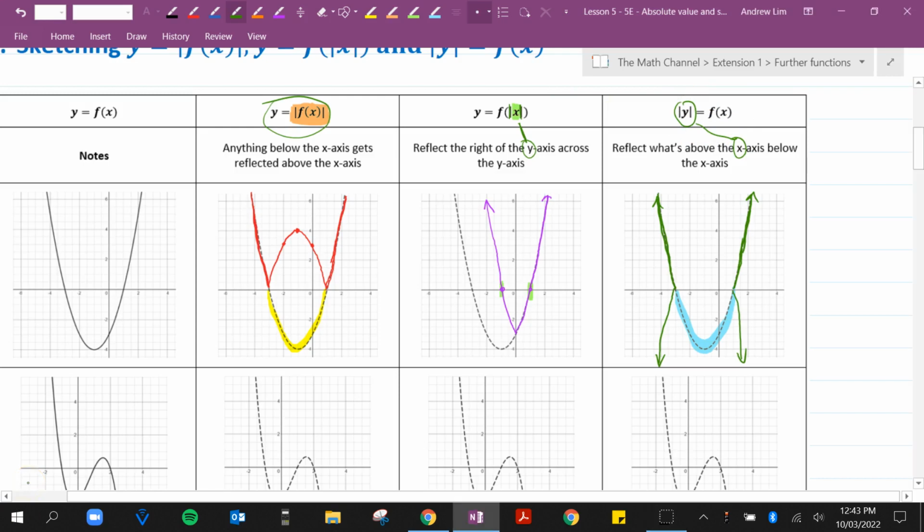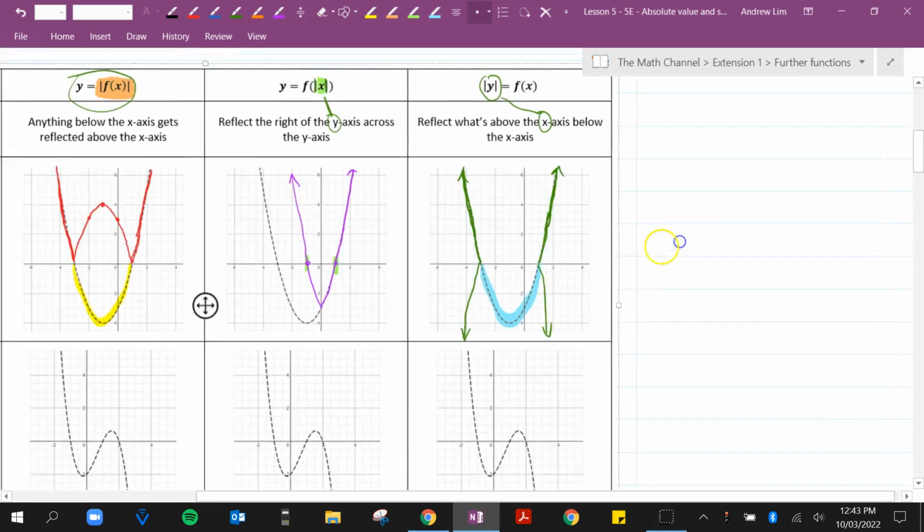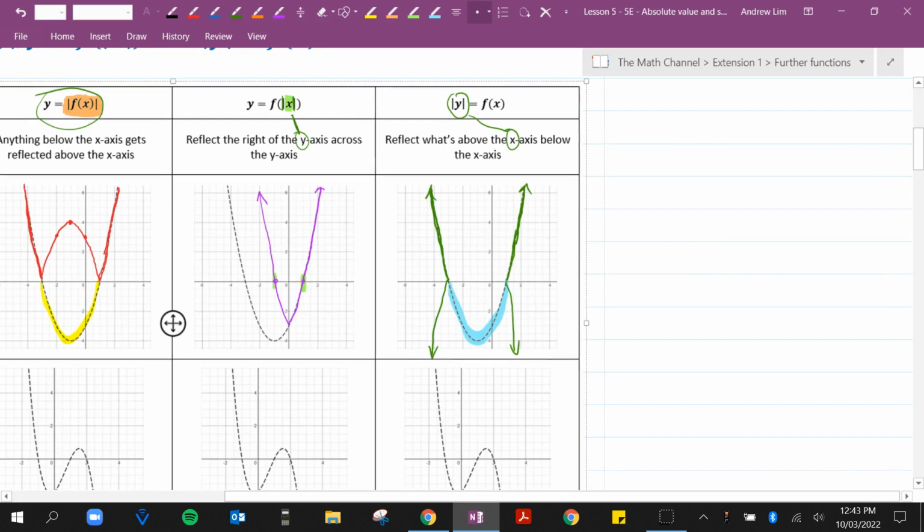So before, when we were learning how to reflect a function across the x-axis, we replaced y with negative y.